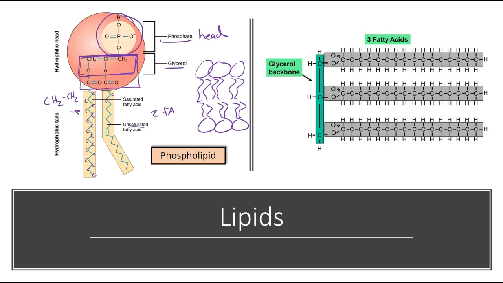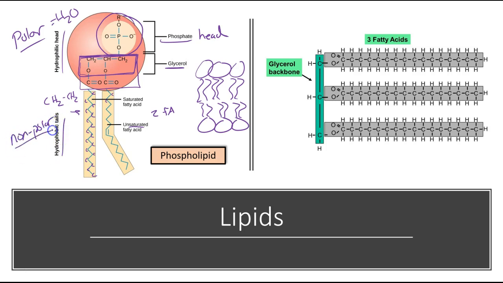Because there is a phosphate in the head of this molecule, the head has a hydrophilic property, so we call the head hydrophilic. We can also say that the head is polar, and so it is going to interact well with water. And the tails, being lipid in nature, are hydrophobic, and so they are non-polar.